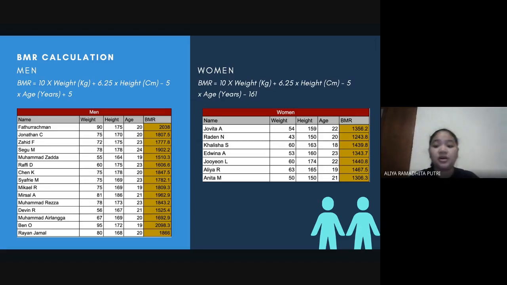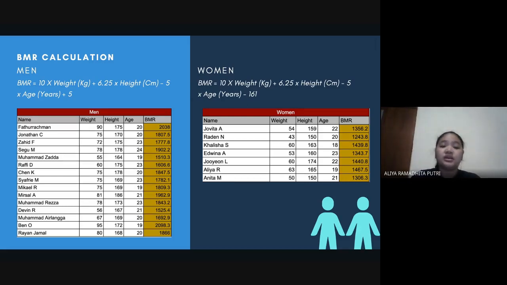So from the BMR, using the Harris-Benedict formula, we can determine the total daily calorie needs of a person. If you are sedentary, that is, you do little or no exercise, you calculate it as BMR times 1.2.